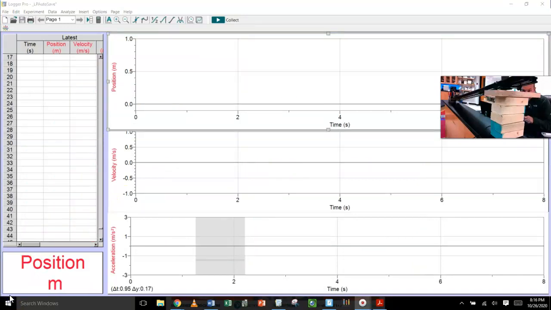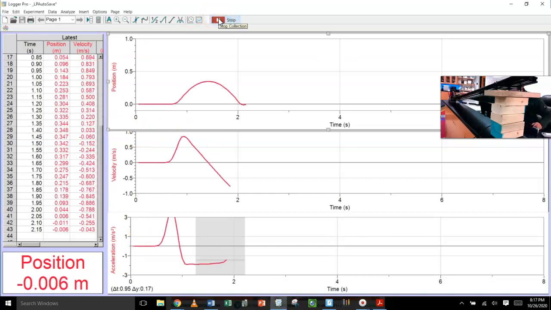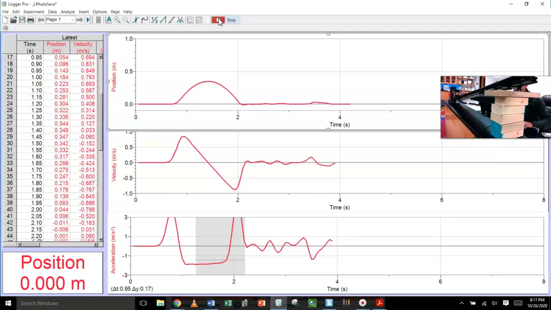I've got 1, 2, 3, 4, 5 2x4s underneath there, and I'm measuring 11.1 degrees of incline. So it's 11.1 degrees. And let's find us an acceleration. I'm going to try that again.